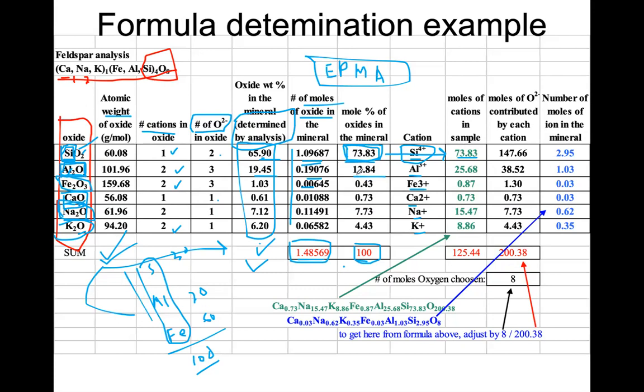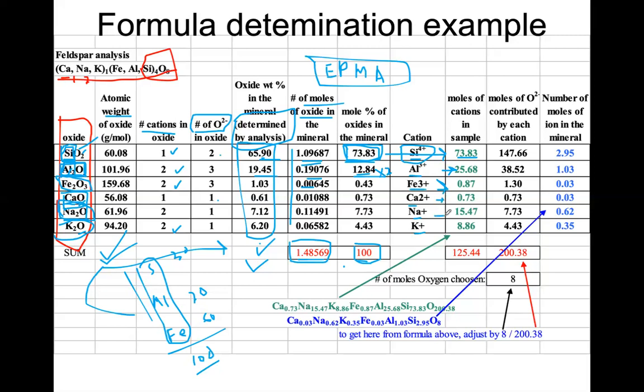But in the case of aluminum, you have 12 mole percent, but in the formula you have 2 moles of aluminum there, right? Aluminum 3 plus cation. So you have to multiply it by 2 to get the aluminum moles represented. Ferric, again you have twice. Calcium, you have the same amount.